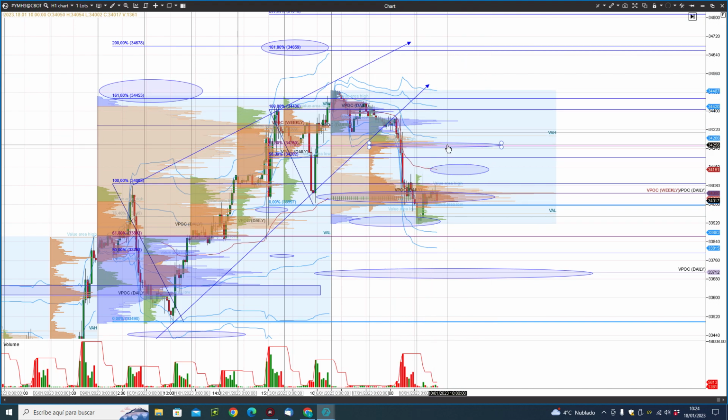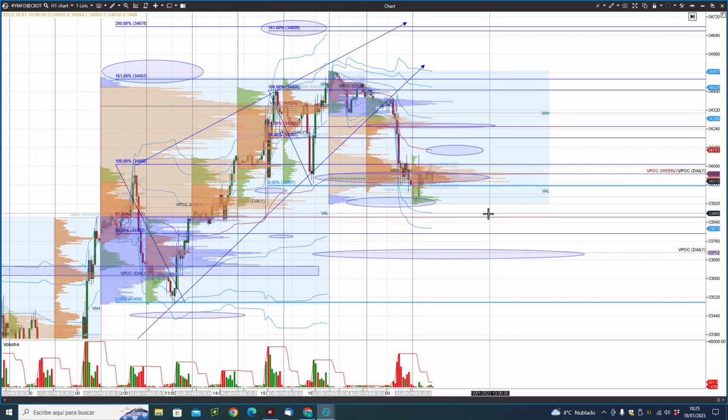The lower targets were, in first place, breaking this uptrend, breaking the wedge: 34,254, and in second place, the most important target for me, the final of the VWAP line, 34,028.